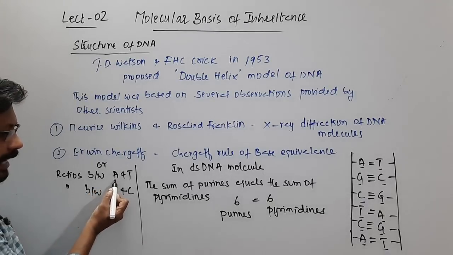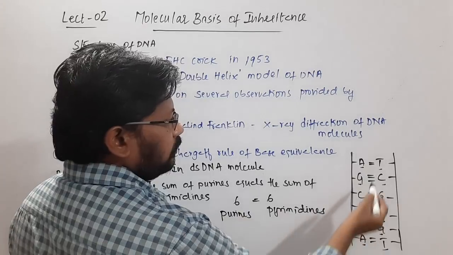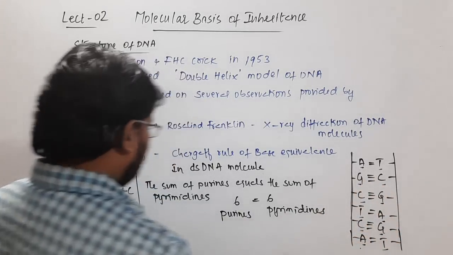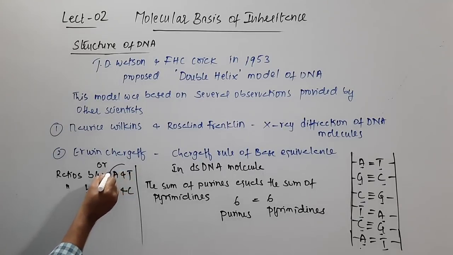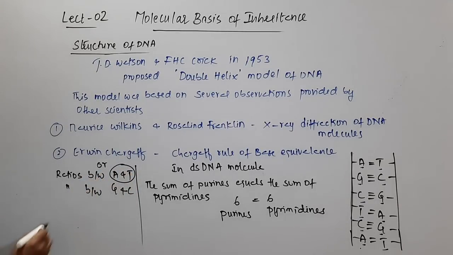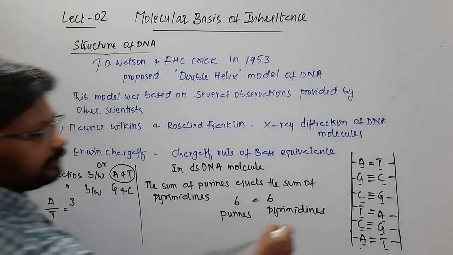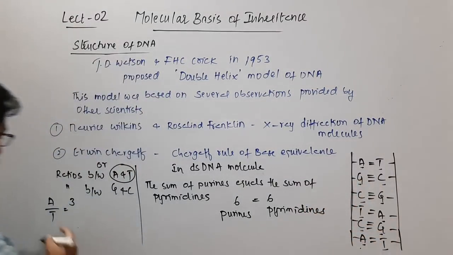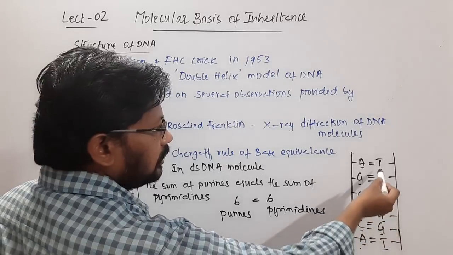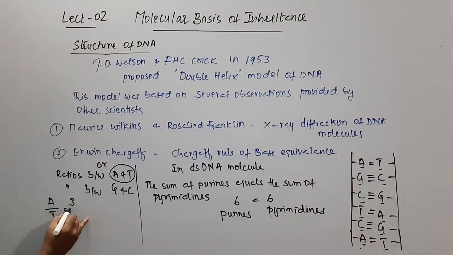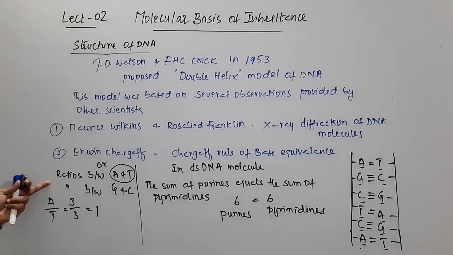Let's see how many adenine we have in this DNA molecule: 1, 2, 3. I'm going to take the ratio between adenine and thymine first, A by T. We have 3 adenine, and thymine, 1, 2, 3. So 3 by 3 is 1. The ratio between adenine and thymine, and also guanine and cytosine, will be constant and equal 1.